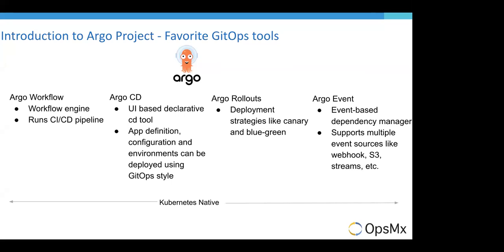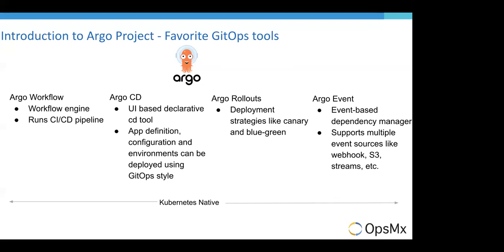Another is Argo CD. Probably many people are familiar with it. We can create an application, which is a CRD that references a source and a destination, so that Argo CD takes care of identifying the changes to the source path and deploying the changes automatically. So the GitOps style. The next is Argo Rollouts, which we are going to see the demo of.